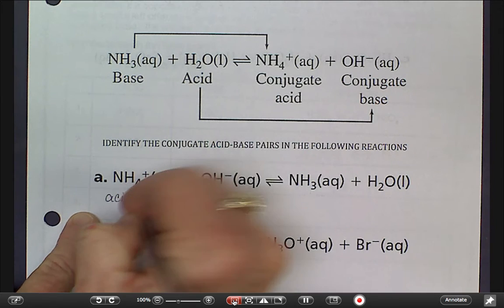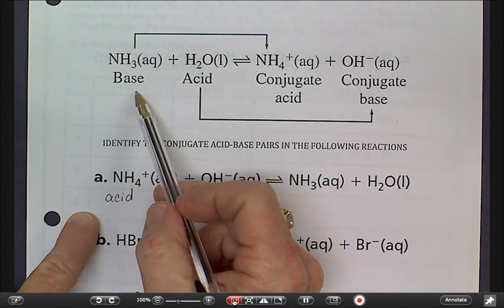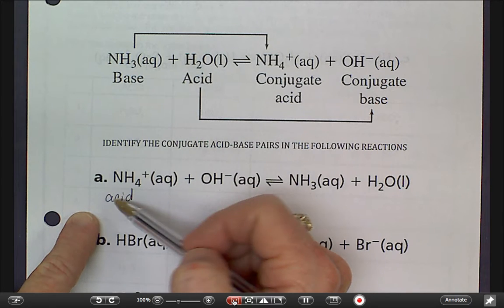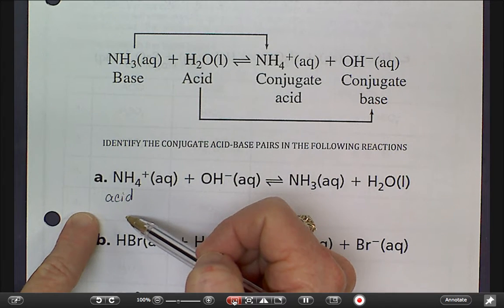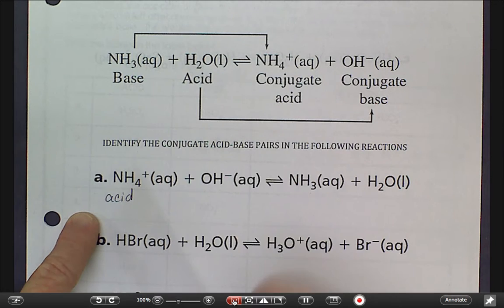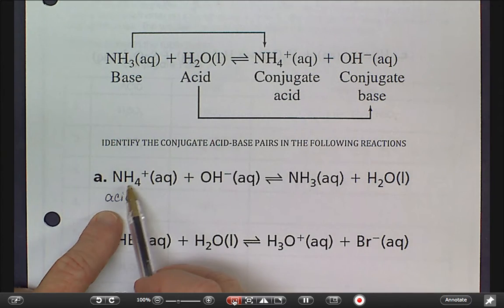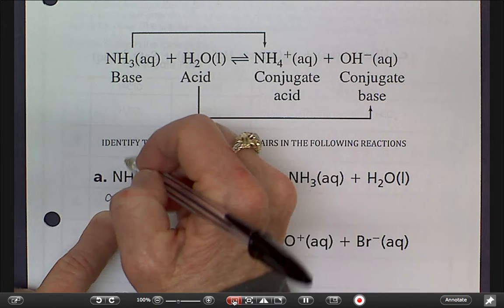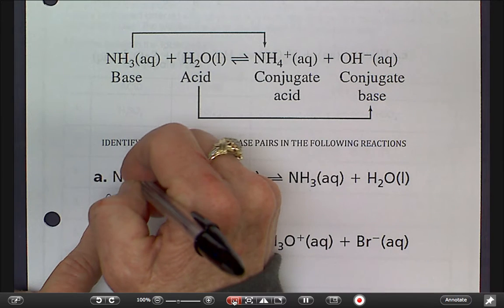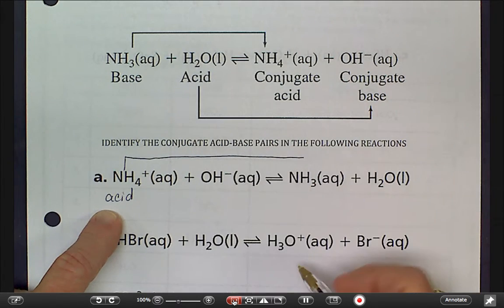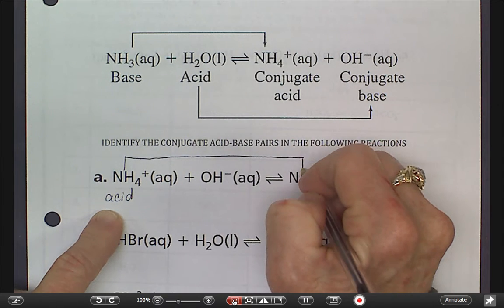Acid. Now if you look at my example, you must see that your acid is not always going to be the first one in line in the reaction, is it? No, ma'am. Okay. All right. So, what is left of your NH4? Okay.